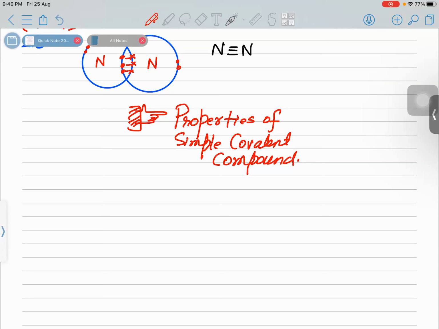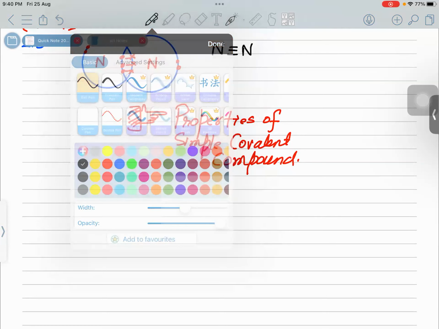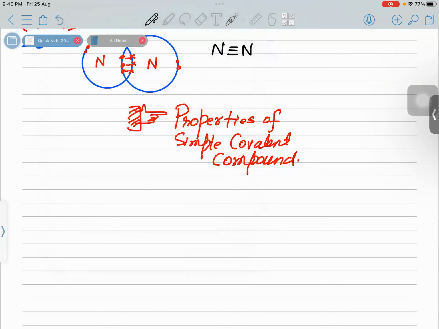Yes, first. Can anyone tell me the properties of simple covalent compounds? Are they solid, liquid, or gas at room temperature?